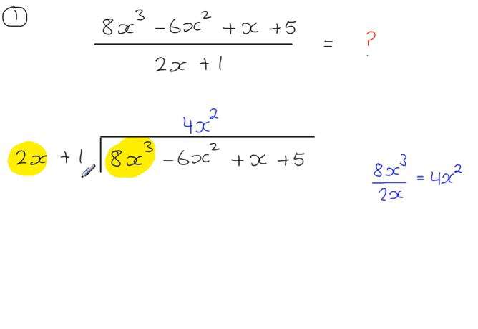So 4x squared times 2x, 8x cubed, 4x squared times 1, and then we're going to subtract these terms from these.